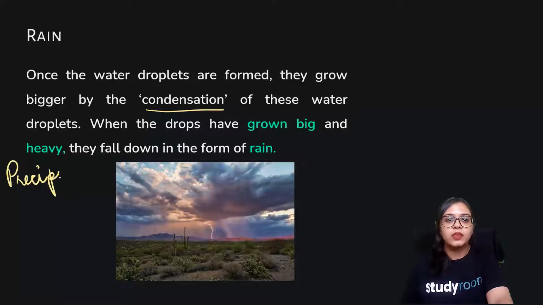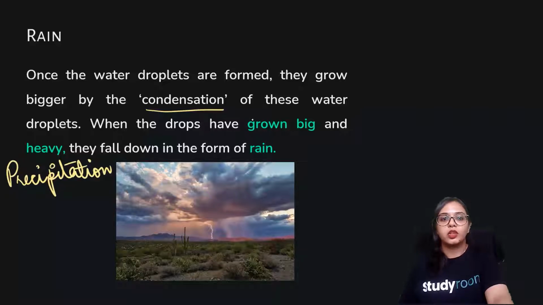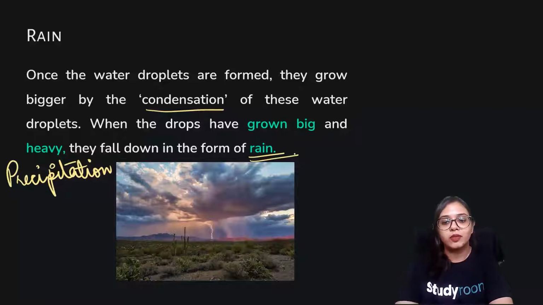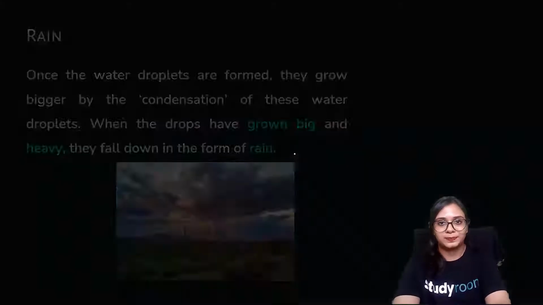Precipitation means those water droplets come down, they shower down from the clouds towards the earth in the form of rain. The drops have grown big and heavy, and they have reached their limit. They are saturated enough to fall down in the form of rain.